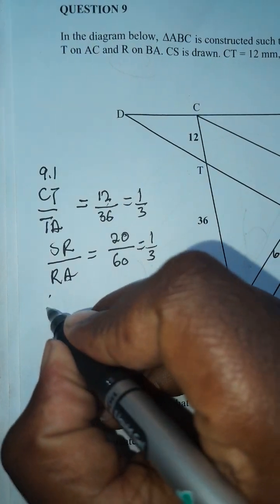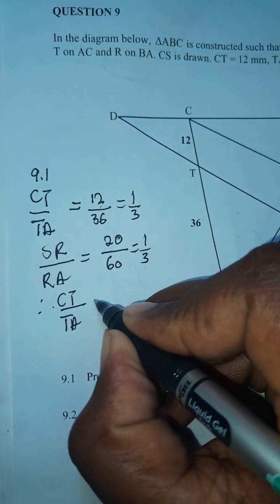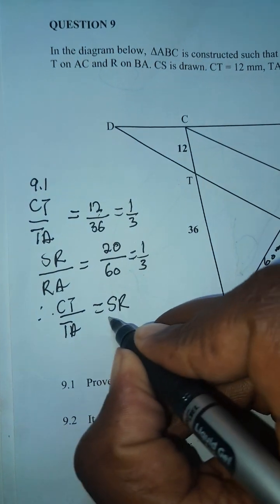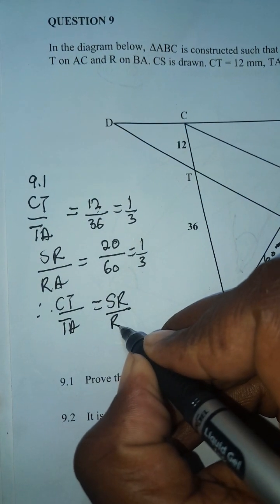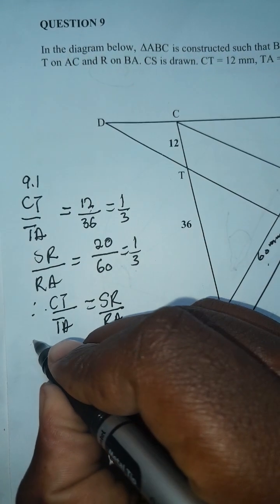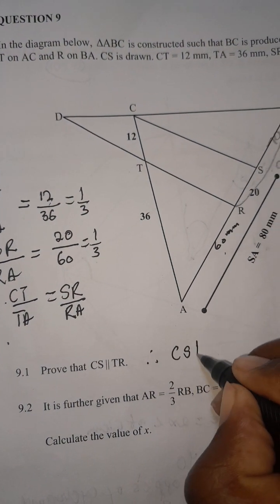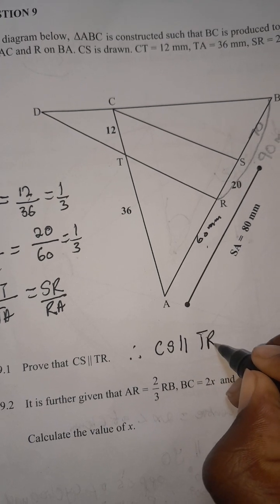Therefore, we could say CT all over TA is the same as SR all over RA. They are both equal to 1 over 3. Therefore, I could say CS is parallel to TR.